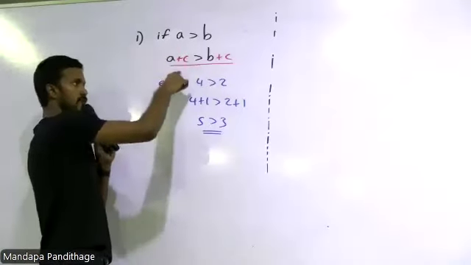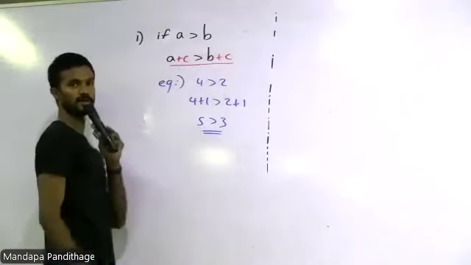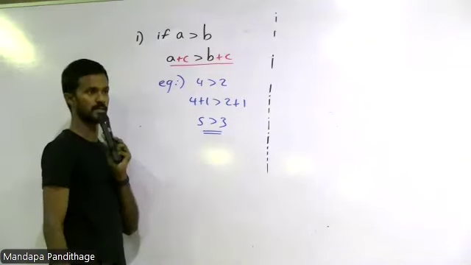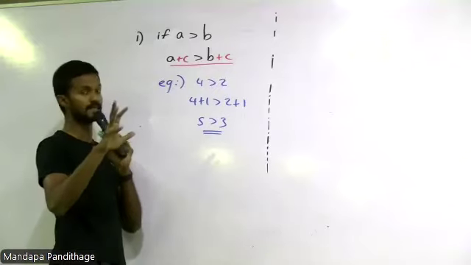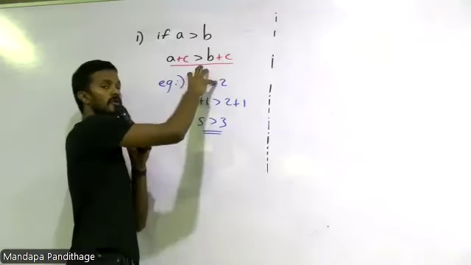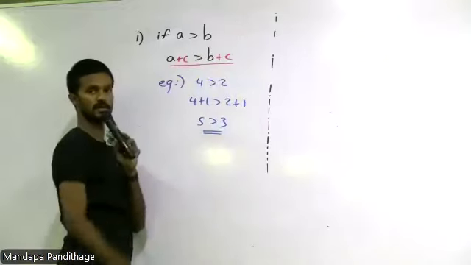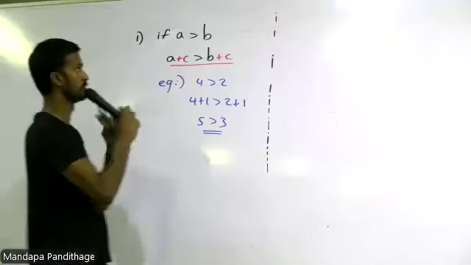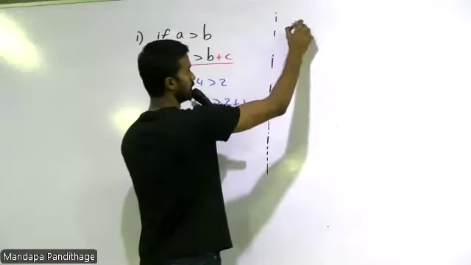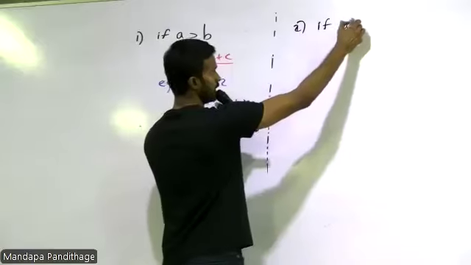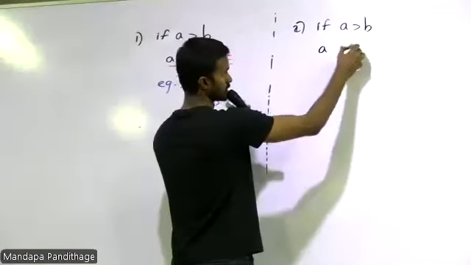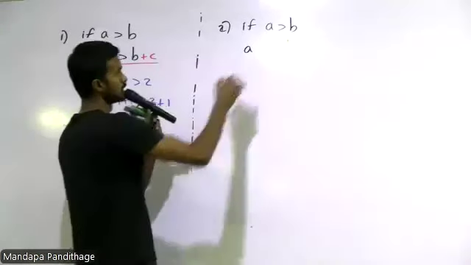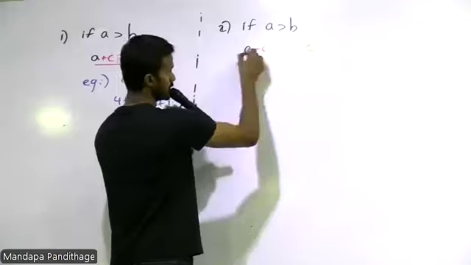If anything is correct for addition, that is even correct for a subtraction. So if A is greater than B, you can subtract the same value from both sides: A minus C is greater than B minus C.